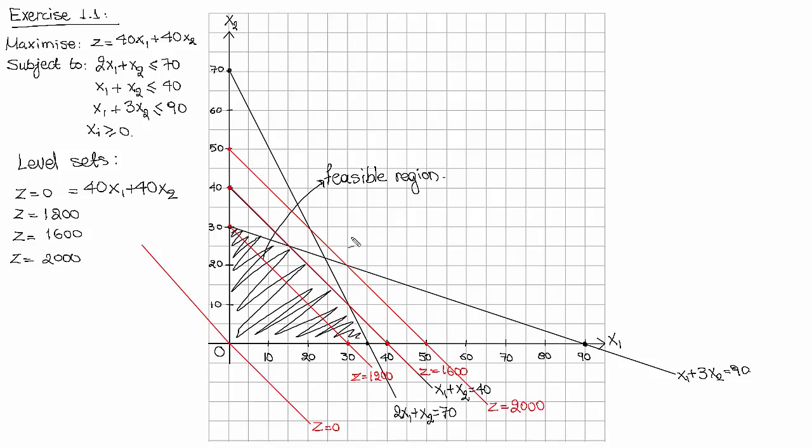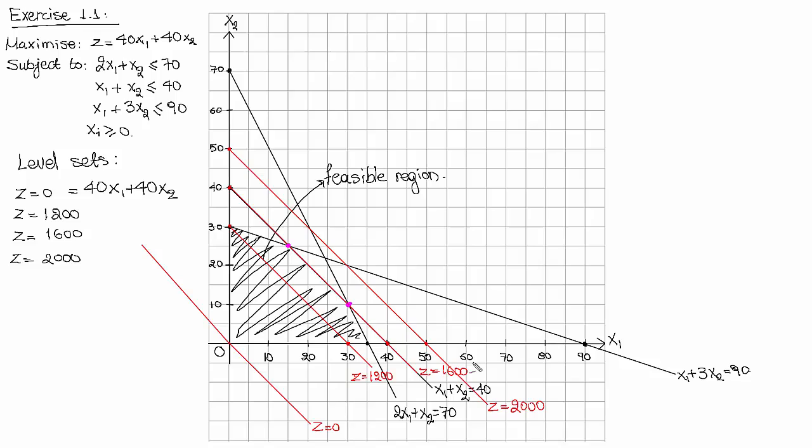But in our case, the last level set that goes through the feasible region is when z is equal to 1600. And at this line, we have two possible corner points, which are this one and this one. And they both give the optimal solution, which is z equals 1600, which is a special case. This is not what happens usually.